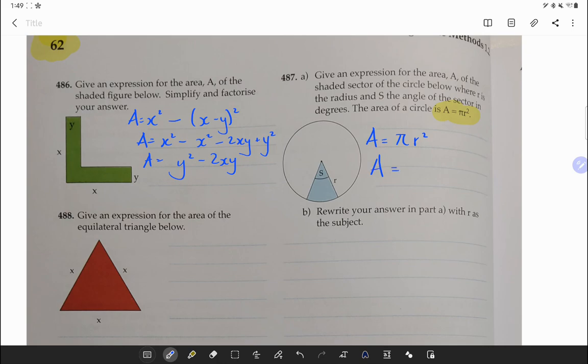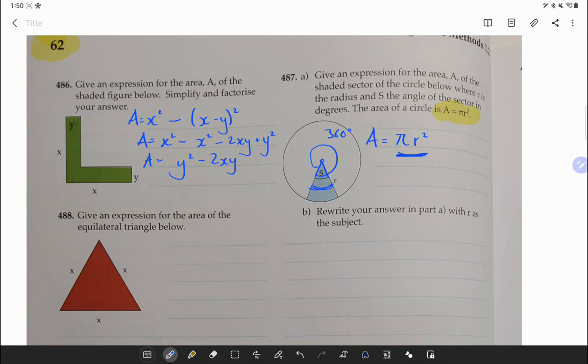I would multiply this whole thing by a percentage or a fraction or a decimal. Same thing really. So I'd use a decimal or a fraction, but what would that fraction be? It would be that angle there. Remember how a full circle is 360 degrees, and we're only working out what s is.